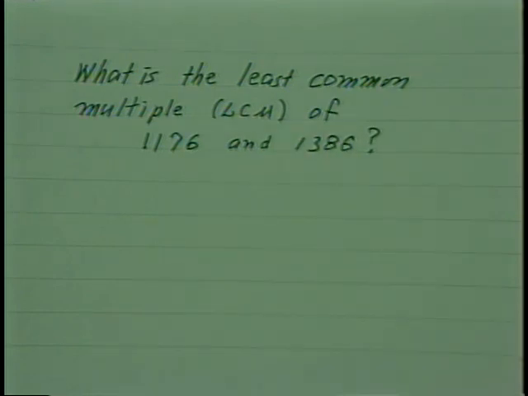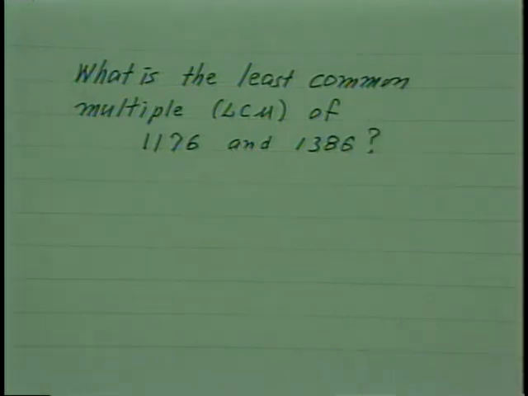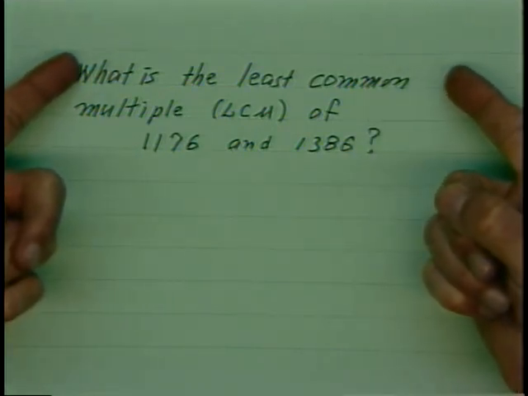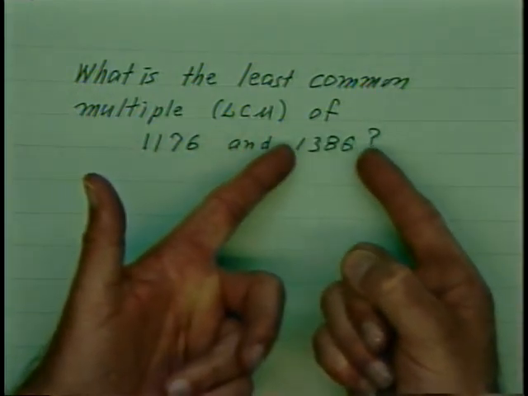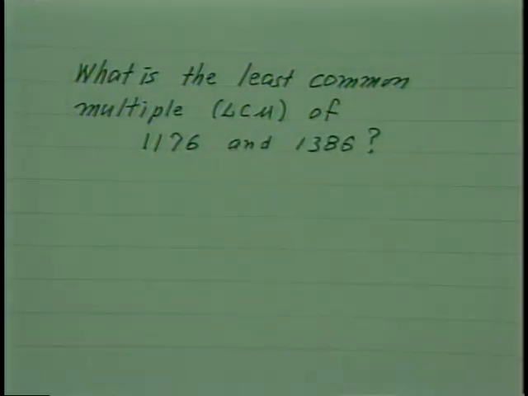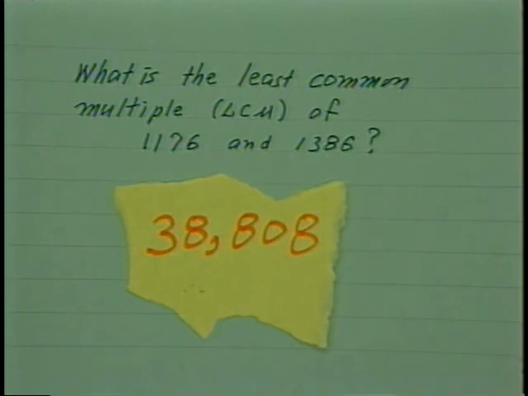Not at all obvious, is it? What is the lowest number that each of these will divide into? But at least we can understand what the question is asking. Find a number that both of these will divide into somehow. And it is not at all obvious, is it, that this is going to be that number?